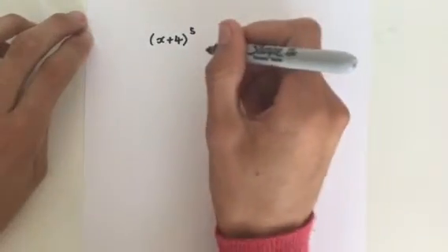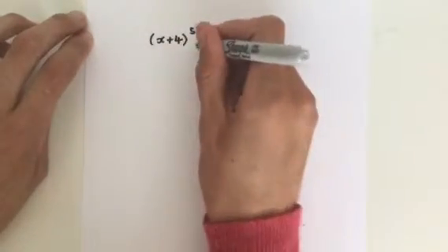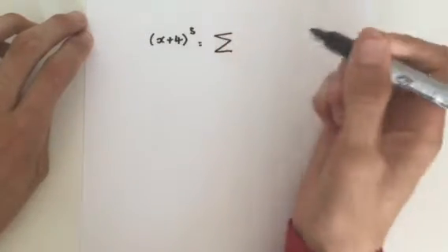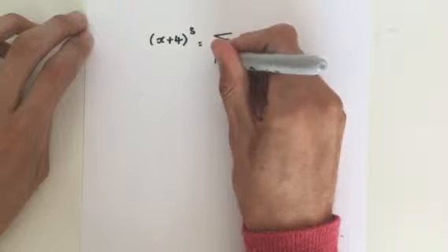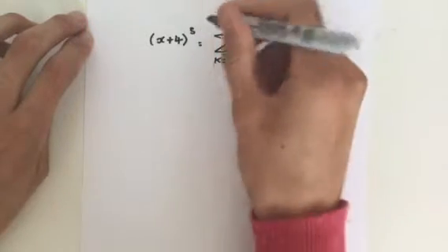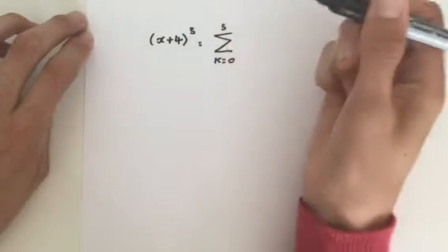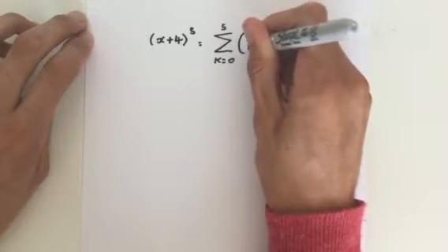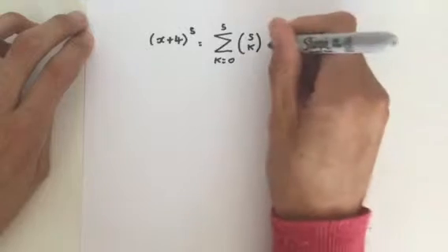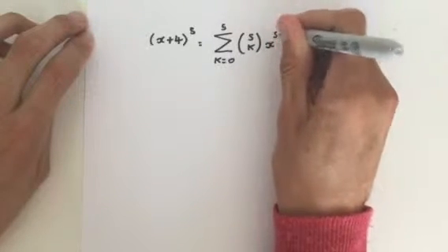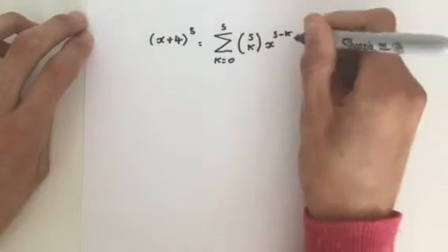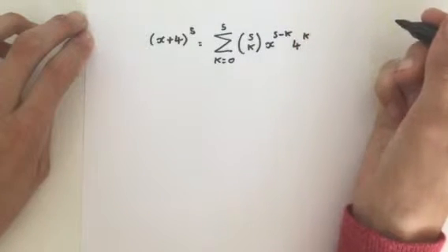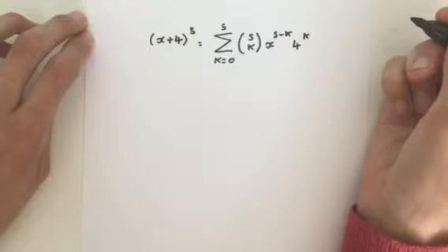If we use the formula, it can be written as the sum of k equals 0 to n, where n is 5, of 5 choose k times x to the power 5 minus k times 4 to the k, whereby we substituted our values into the definition.